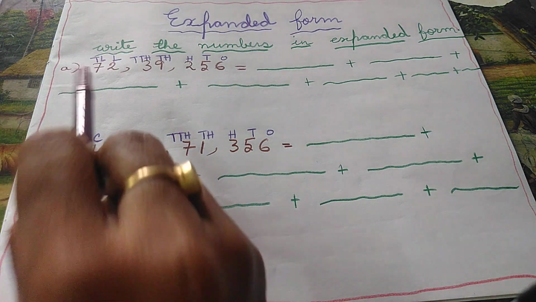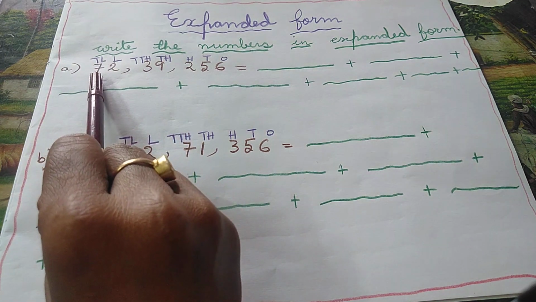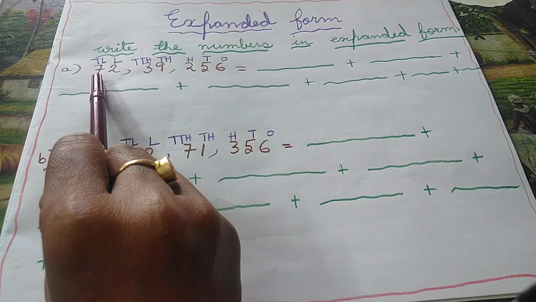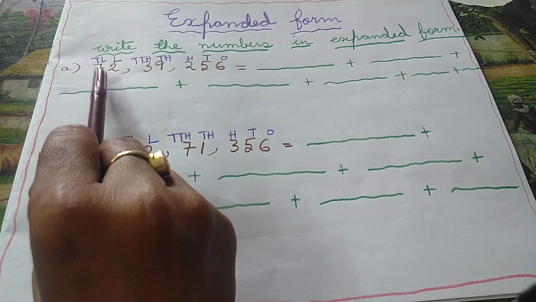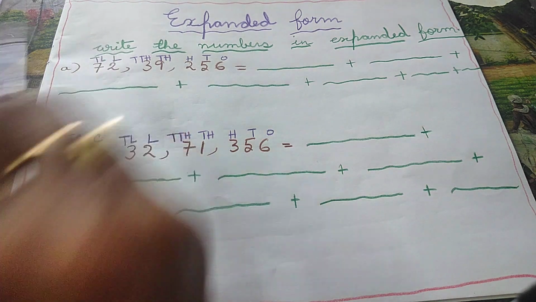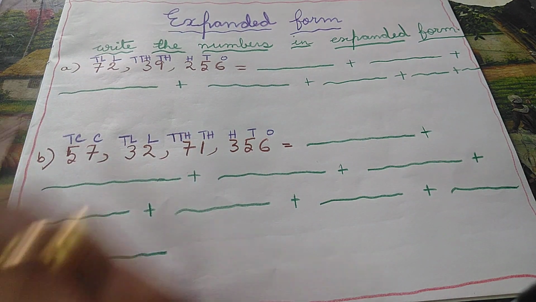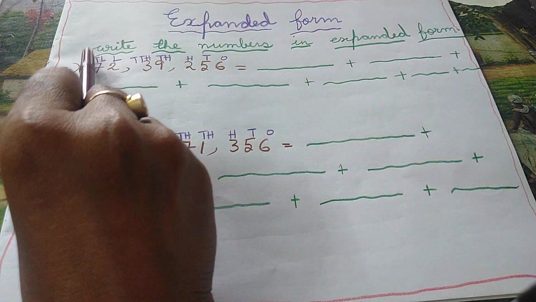Start from the left side. The first digit is 7. What is the place of 7? 10 lakhs. What is the place value of 7? 10 lakh.